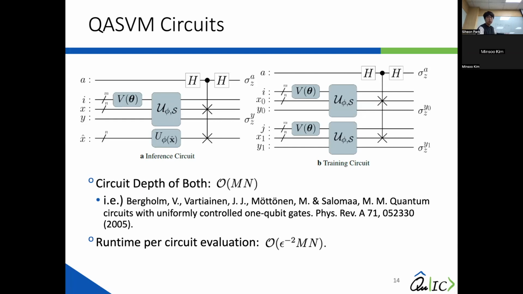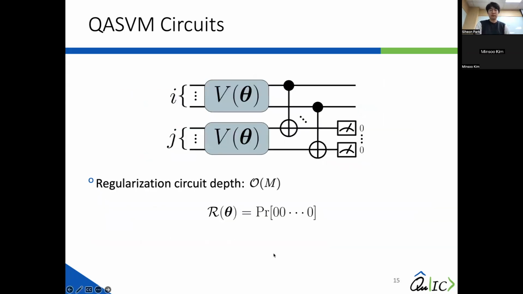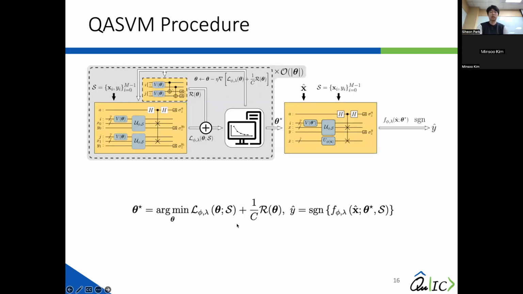So combining with this one, we get a runtime like this for each measurement. And this is a regularizing circuit, which prepares these two ansatz and the CNOT gates sequentially and measures, and the success probability of measuring all 0 bits is the same as the regularization.